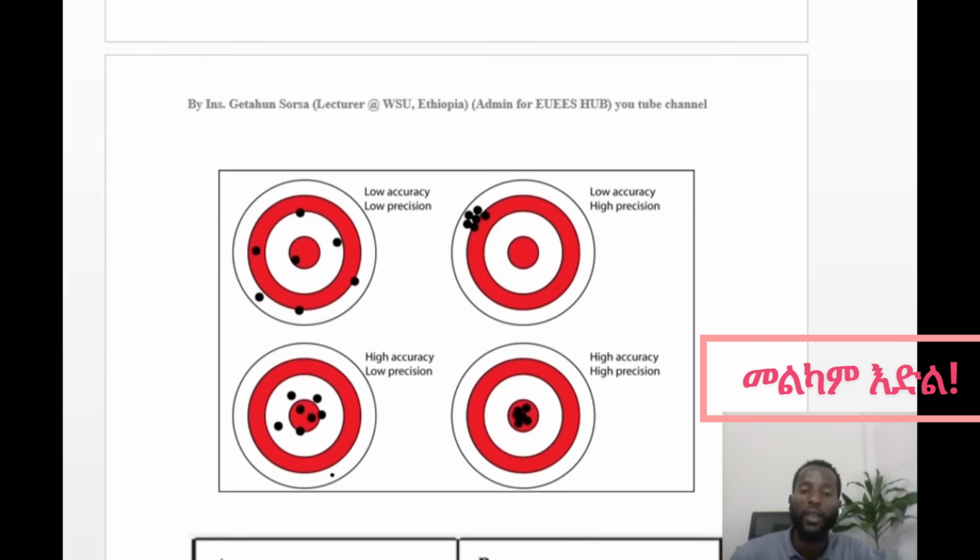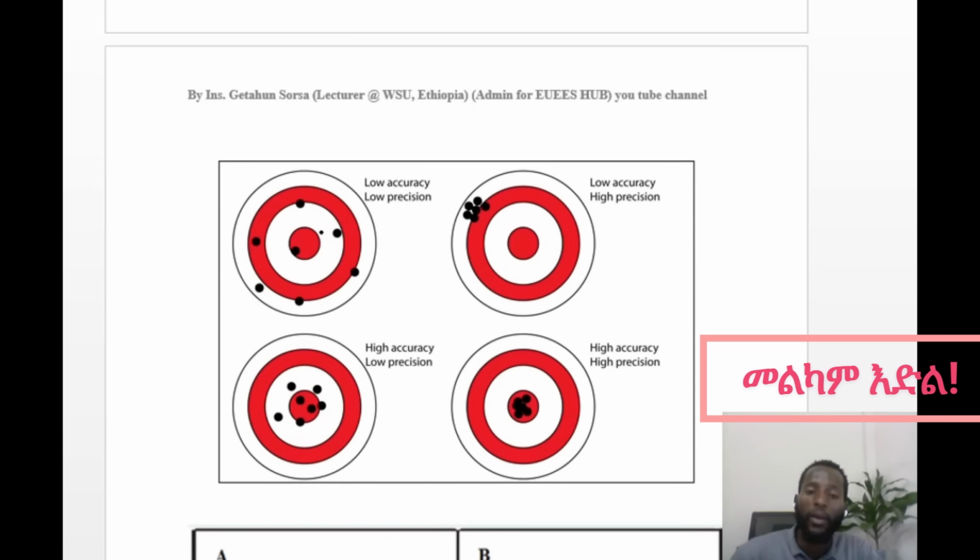For example, here we have the target for our measurement, and the measurements are scattered around. This shows low accuracy and low precision, because the measurements are far from each other as well as far from the center, our target.